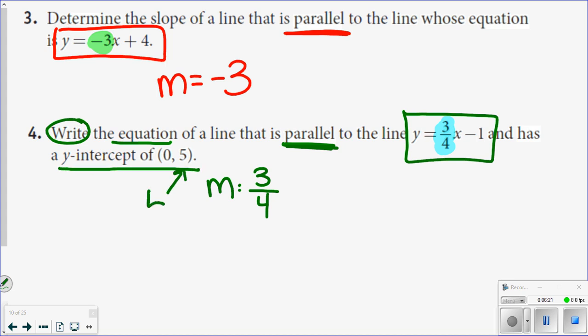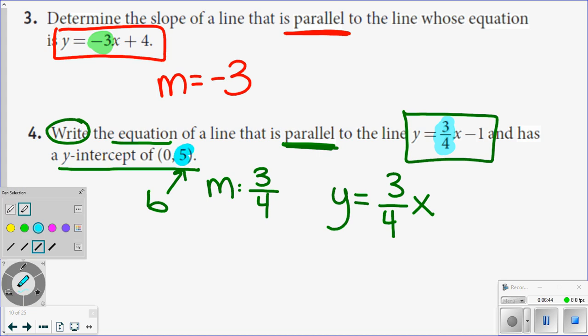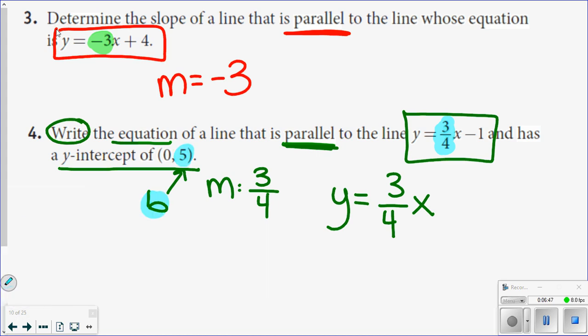Ooh, this is my b value. So let's write our new equation as y equals mx plus b. So y equals m is 3/4x plus b, and b is this 5 right here. So plus 5, and that would be my answer. Y equals 3/4x plus 5.